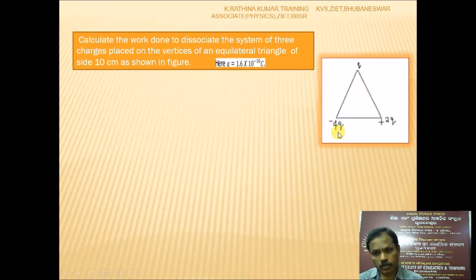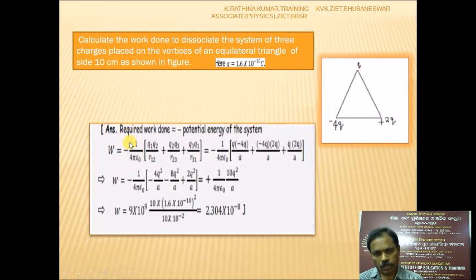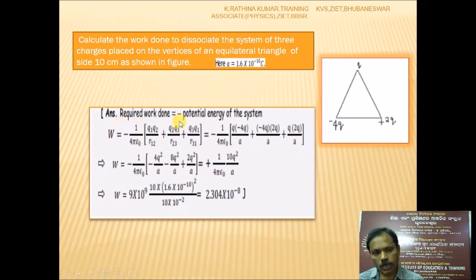So the equilateral triangle has the charges minus Q, plus Q, and this is Q. The required work done is equal to minus the potential energy of the system.